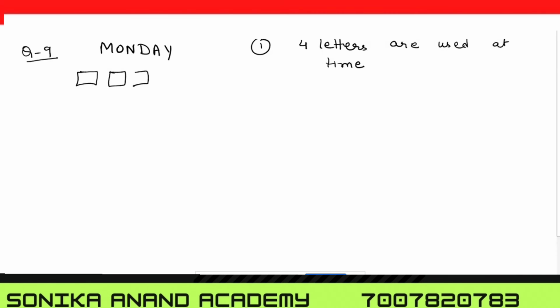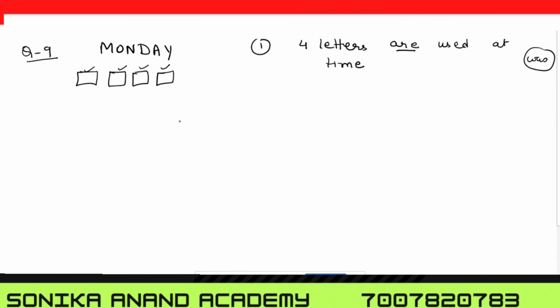And next, 4 letters are used at a time, that means we have to fill 4 boxes. For example, if I say 3 letter words, that is are, was. Now when 4 letters, that means we have to use only 4 letters.